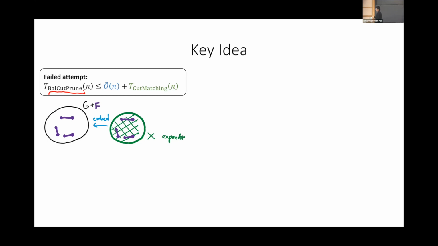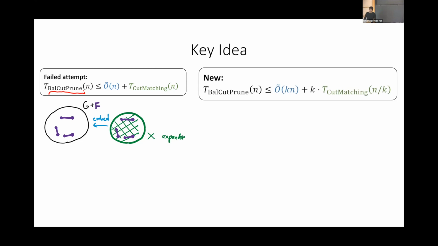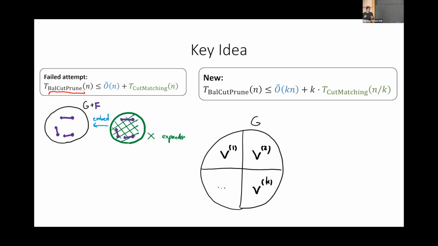Now, the idea to break this circular reduction is this. We're going to make a k-way partitioning of the graph.